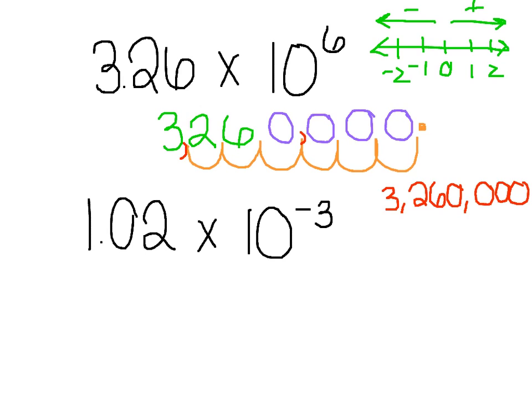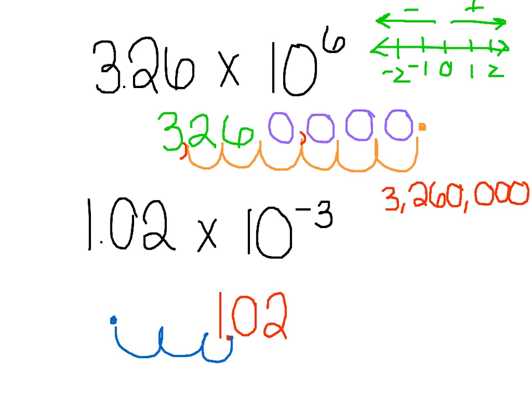Now looking at our second example, we have 1.02 times 10 to the -3. That exponent is a negative number, which means we're moving to the left 3 spaces. So I have 102 as my number. My decimal spot is here. So I'm going to be moving 1, 2, 3 spots to the left, and there's my new decimal space.